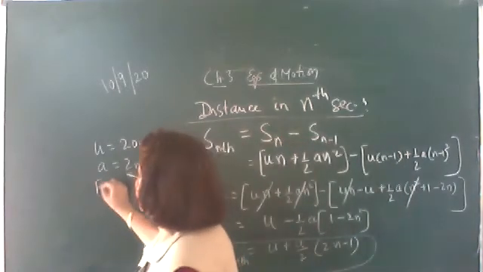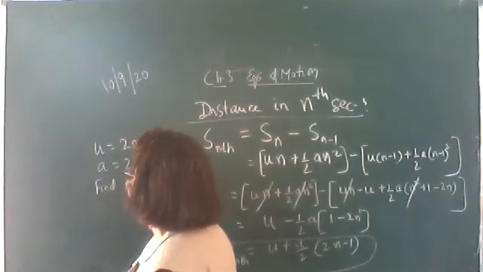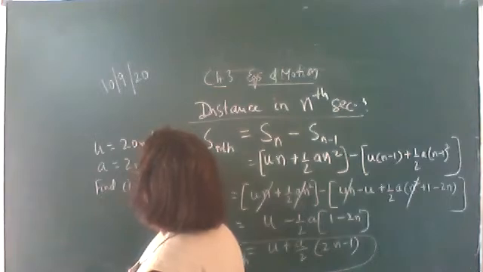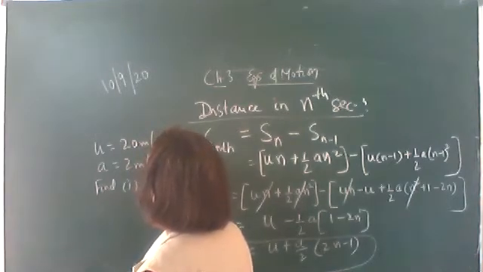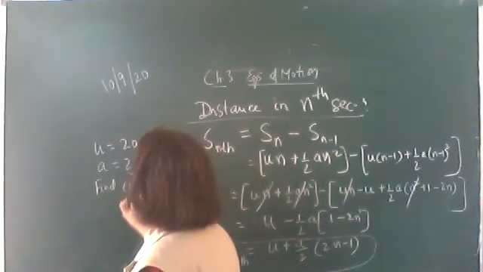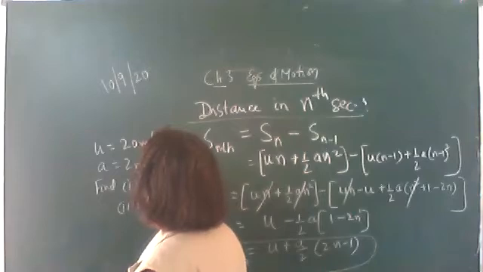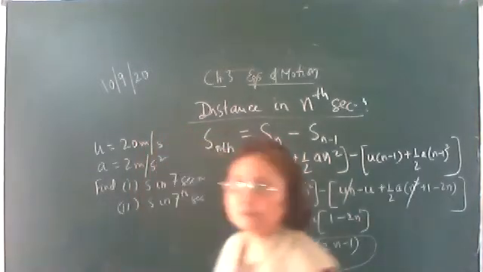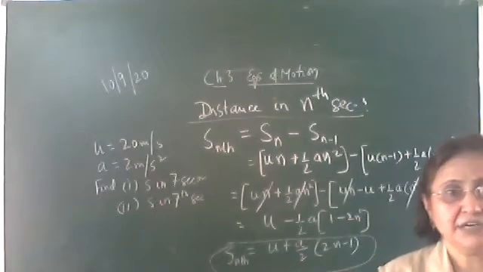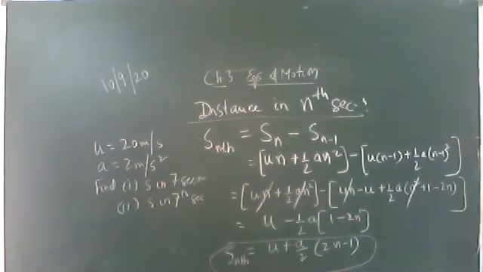Find the distance traveled in 7 seconds and the distance in 7th second. Find the distance traveled in 7 seconds and the distance traveled in 7th second.